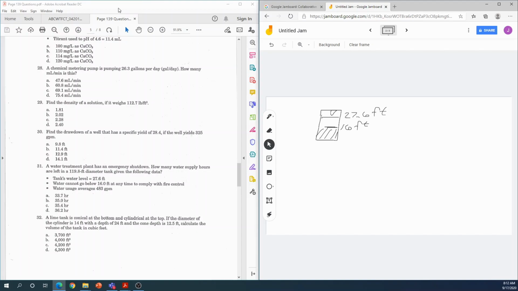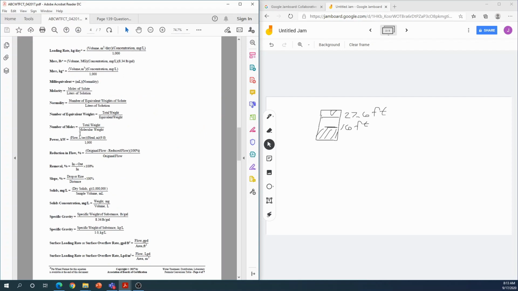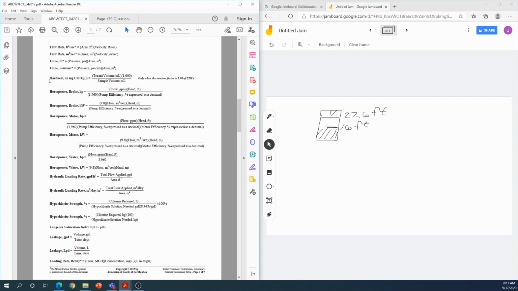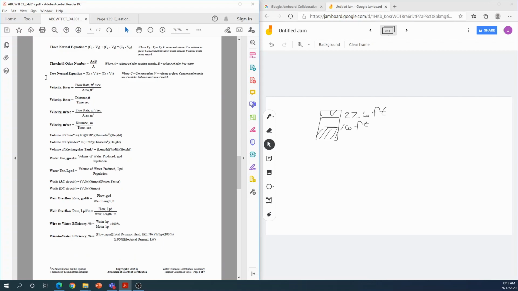So to calculate the volume, going back to our cheat sheet here, volume of a cylinder is 0.785 diameter squared times our height. So 0.785 times d squared is our area.